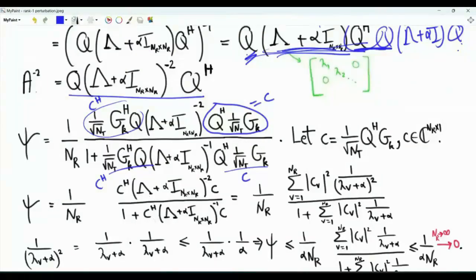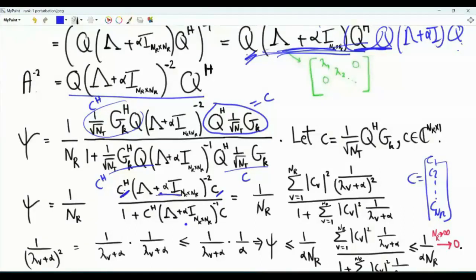Let's write down each quadratic form as a summation. Because the matrices in these quadratic forms are diagonal, we just have a single sum, not a double sum. The sum in the numerator is summation v from 1 to nr, magnitude cv squared. So cv is the vth element in vector c. C is c1, c2, all the way to cnr. We get magnitude cv squared because we get cv conjugate from here and cv from there. Their product is the magnitude squared of cv.